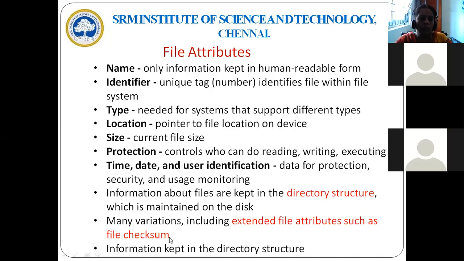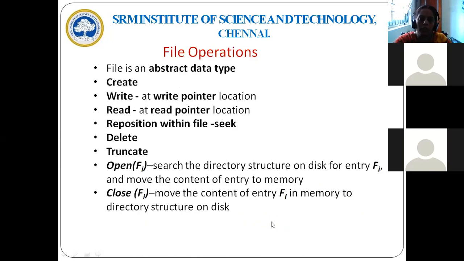Also you could have heard about parities, even parity and odd parity. With those also we can check whether the file is reaching the destination properly or not. So if you keep the files in the directory structure, it will be easy for us to retrieve and use them in future.